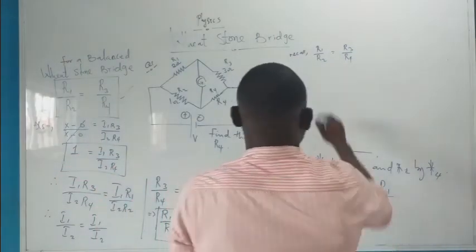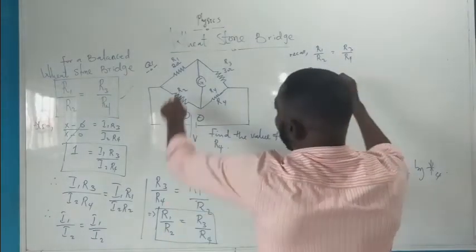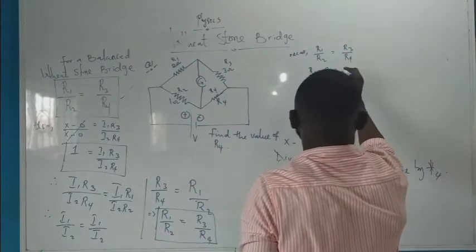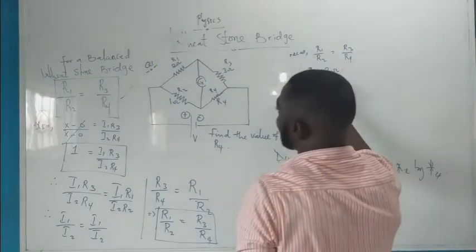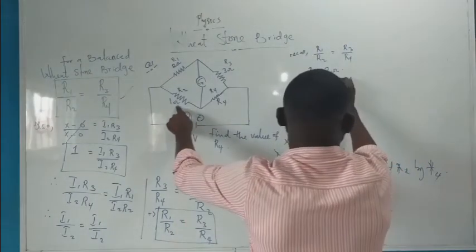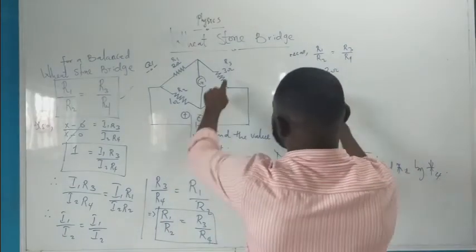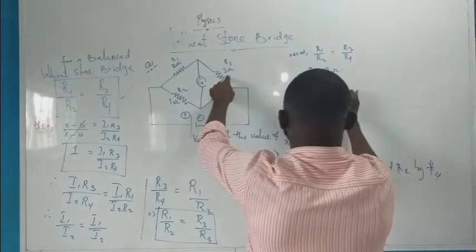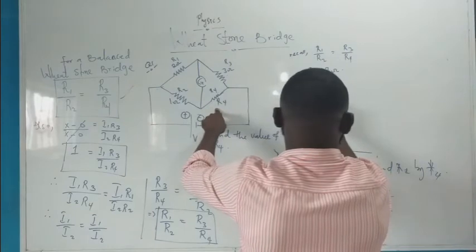The R4 is unknown. So what's R1? R1 is 2 ohms. R2 is equal to 1 ohm. R3 is equal to 3 ohms. R4 is unknown.